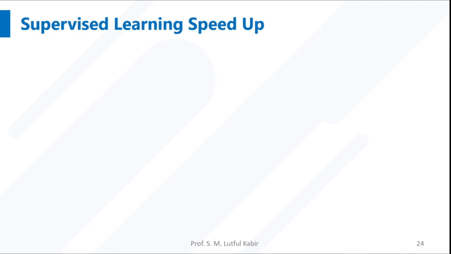Let us now discuss the application of PCA. If you apply PCA in a supervised learning algorithm, sometimes it will speed up learning, and it is necessary in some applications. In supervised learning, the data sets are like this: x1, y1, x2, y2, up to xm, ym.